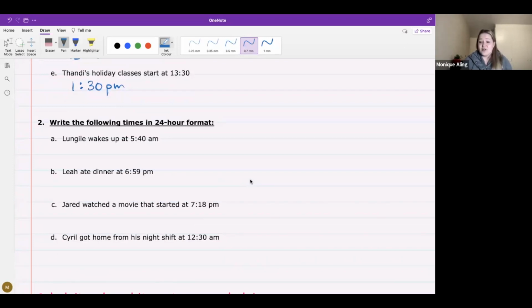Our numbers can go up to 24, so we can use 13, 14, 15, 16, etc. Quickly try these for me. I'll let you know when to share your answers on the chat.